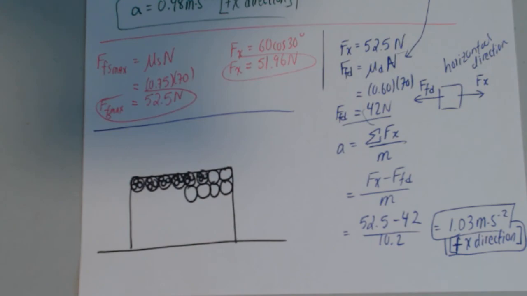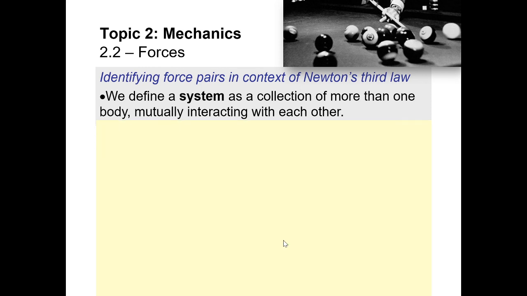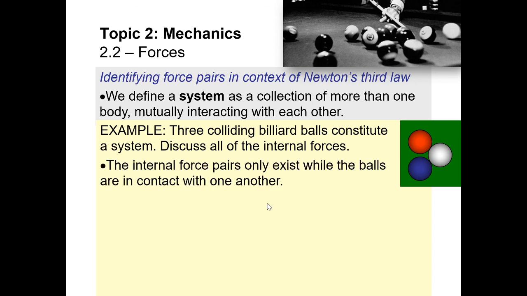Now, when we say internal forces, we don't always just mean the atoms or the particles that make up an object, a solid object or a liquid or a gas. Sometimes internal forces are simply forces within the system. So in the case of the billiard balls, the white cue ball hitting the red and blue balls, you have the force of the white ball, symbolized by the white arrow, hitting the red ball, and the red ball in turn, well, doesn't hit it, but imparts an equal magnitude, oppositely directed force back on the white ball.